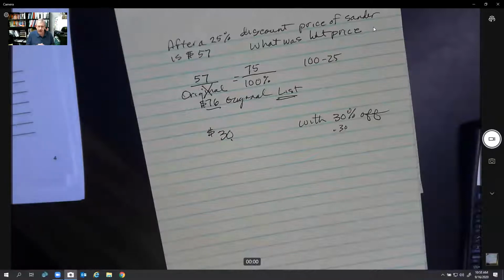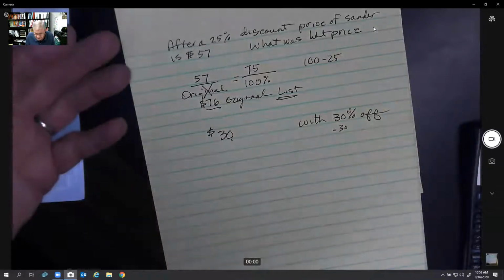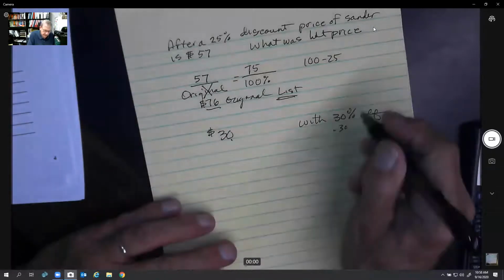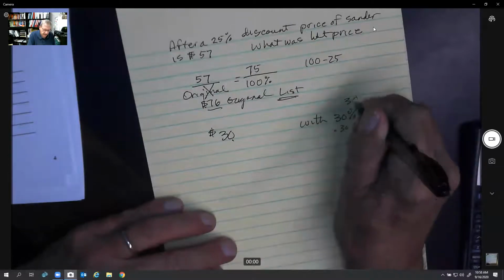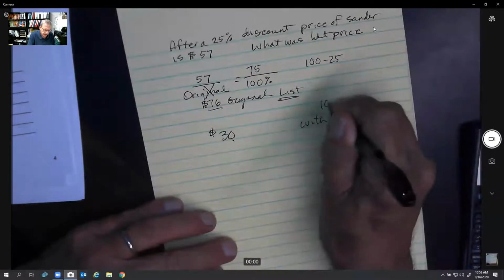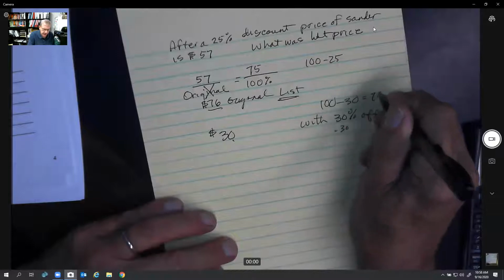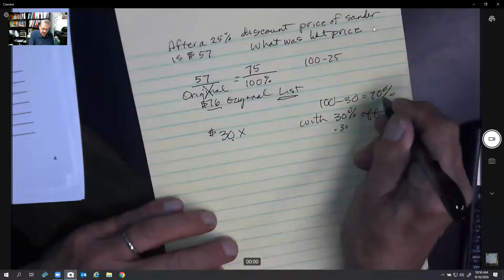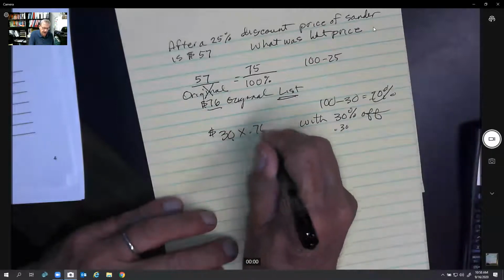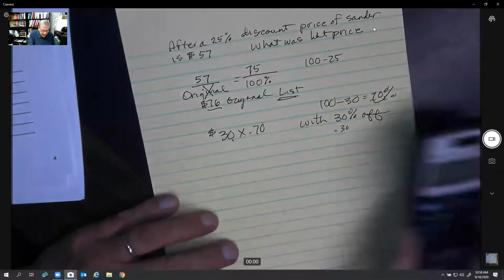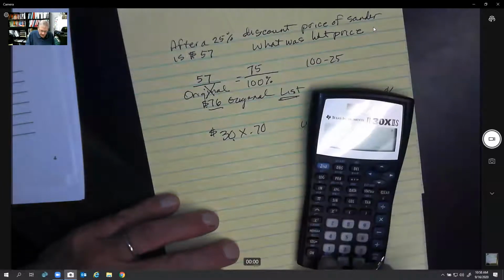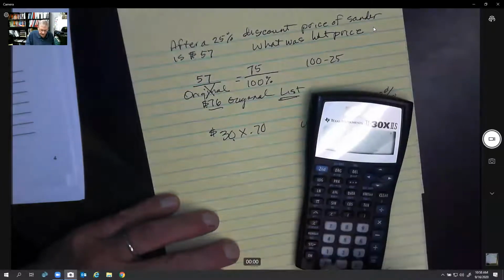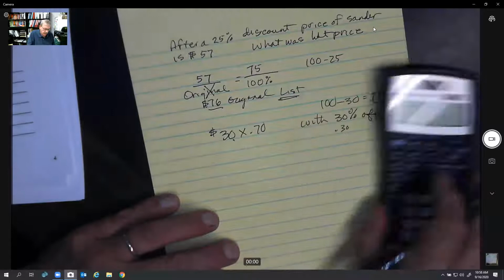But a faster way, if you're not worried about what is the discount, you're just worried about what am I going to pay for this? What's the sale price? Take the 30% and subtract it from 100. That's 70%. And if you take 70% of this and you change it to a decimal, 0.70, it'll give you how much you're going to pay. $30 times 0.70 is $21.